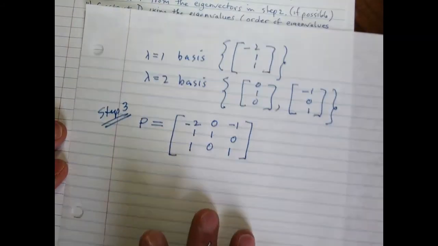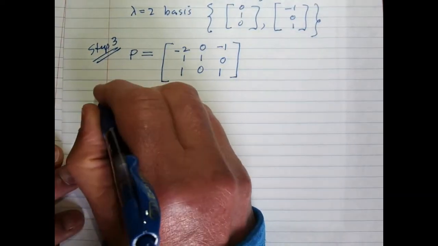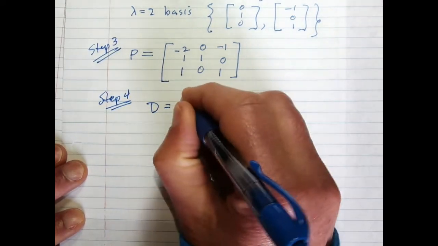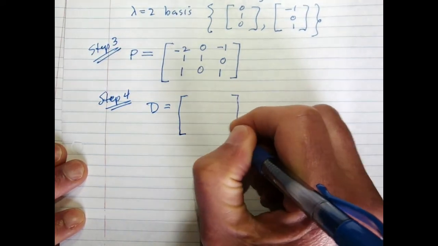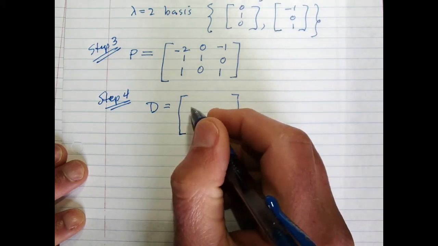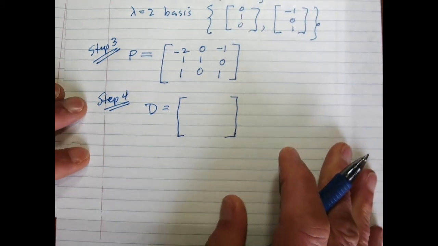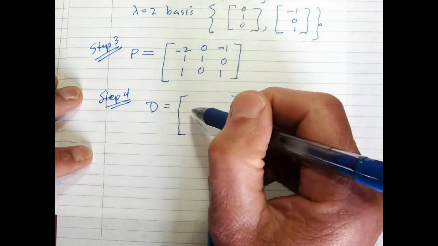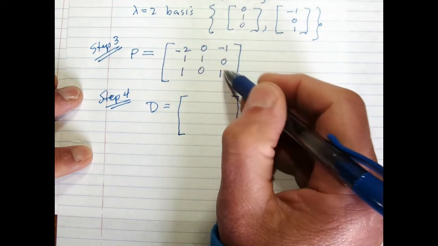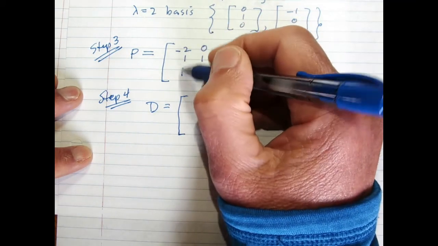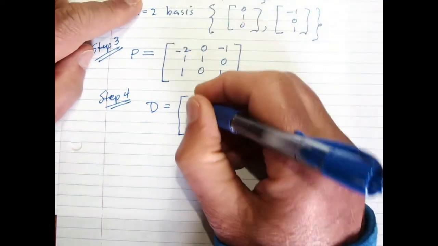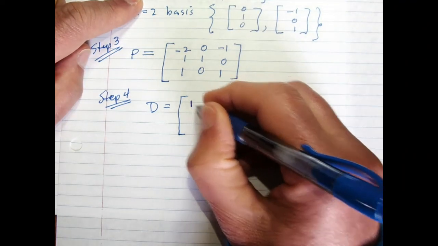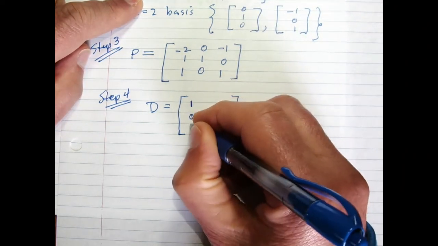And now step 4 in the process is to construct D. The diagonal matrix is going to have eigenvalues on its diagonal entries. You have to make sure the eigenvalues used in D match the corresponding columns of P. So the first column of P came from our lambda equals 1, so I need a 1 appearing on the diagonal in the first column, so 1, 0, 0.